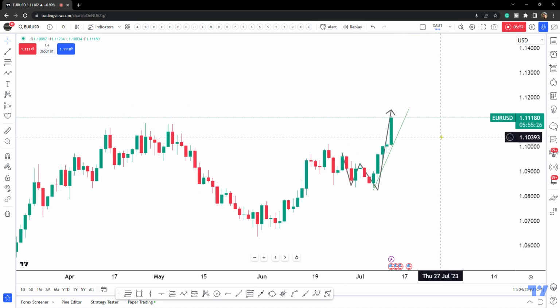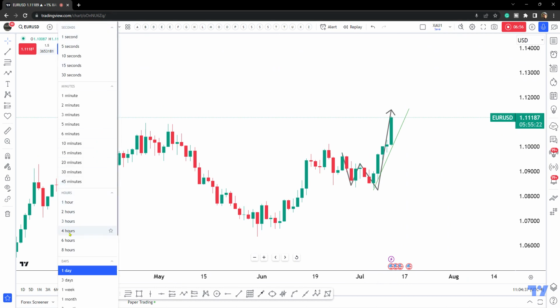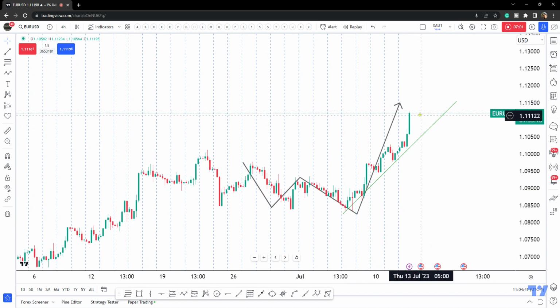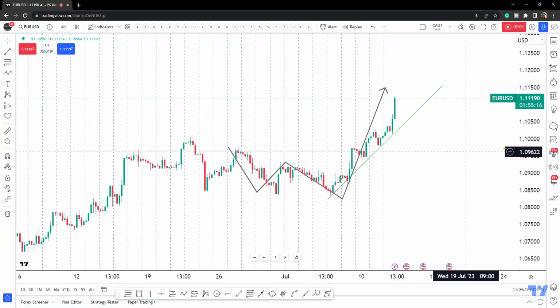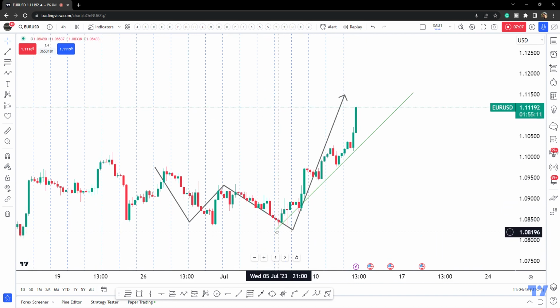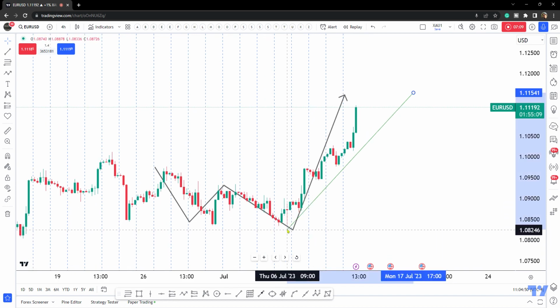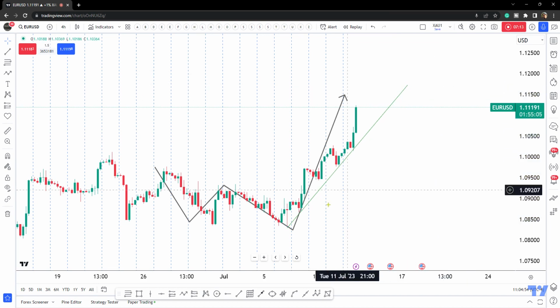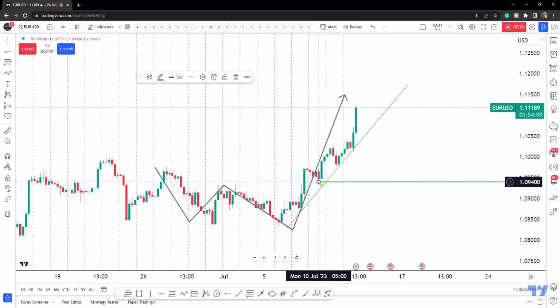And what we'd be looking for then on a lower time frame, such as the 4 hour and 1 hour, will be red candles, opposing candles, and looking for the swing lows, such as here and here.